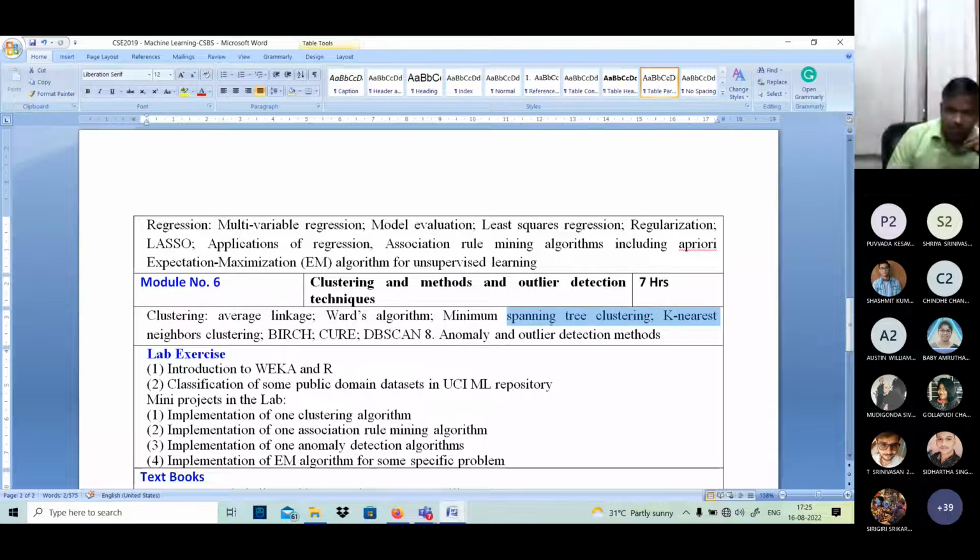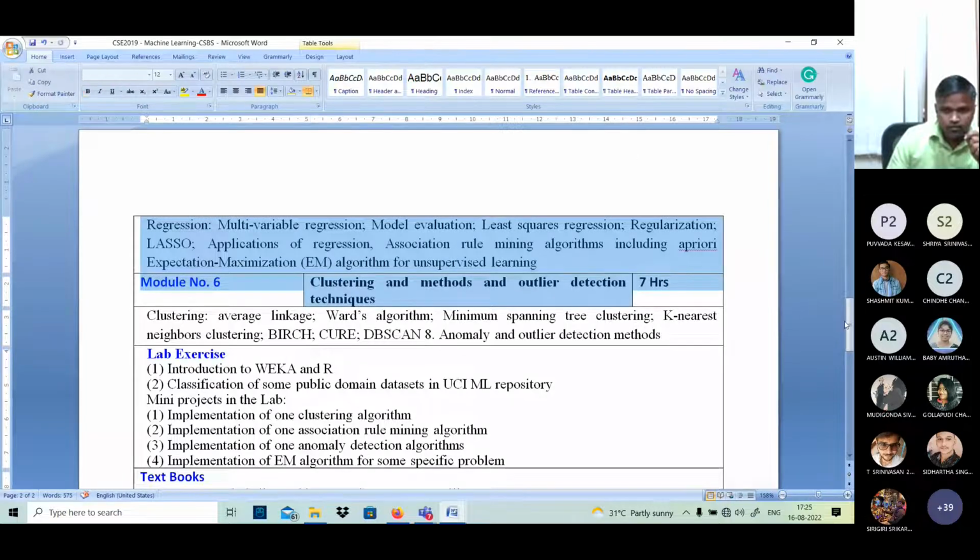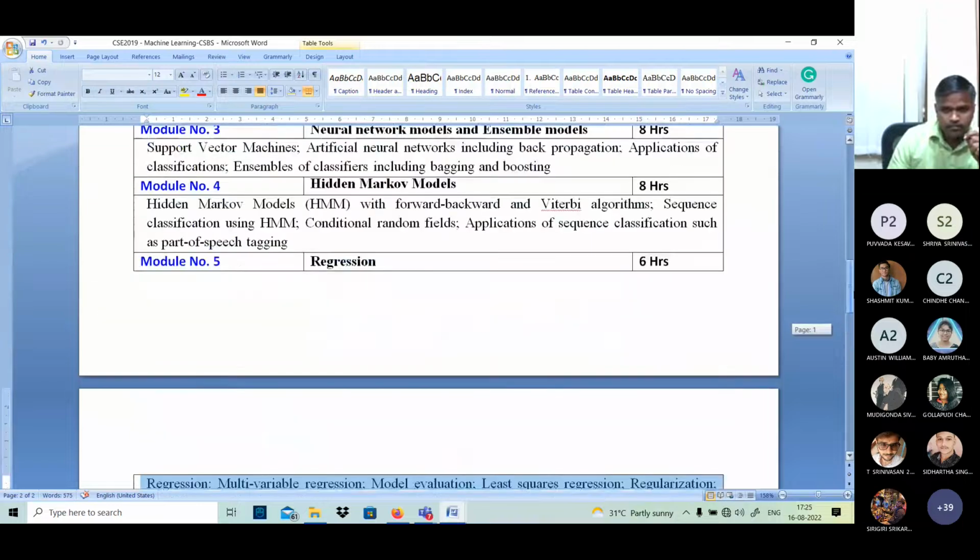K nearest neighbor is again supervised learning, which is useful for classification. So this is to be completed in 7 hours. So totally 45 hours, right?